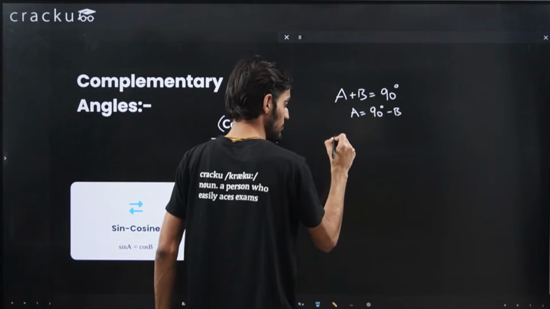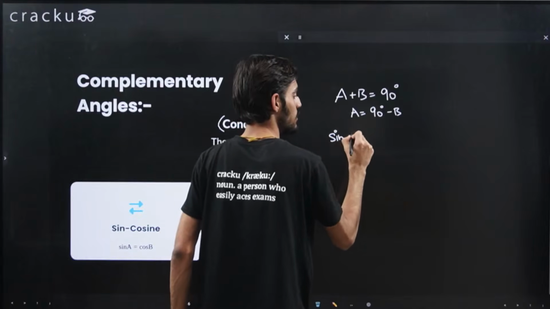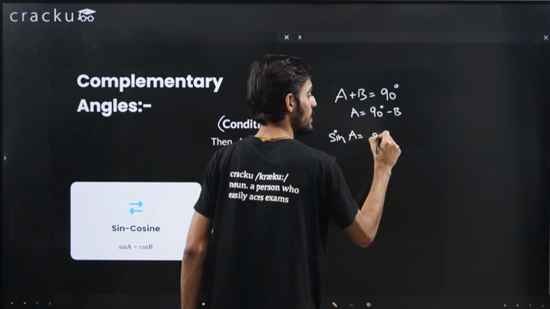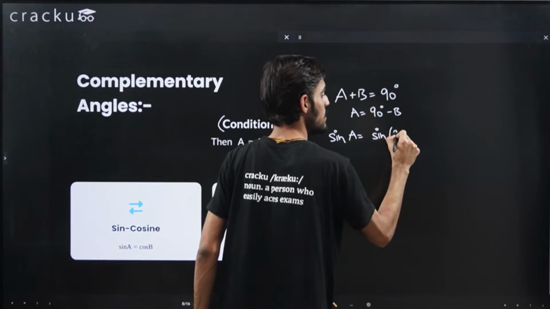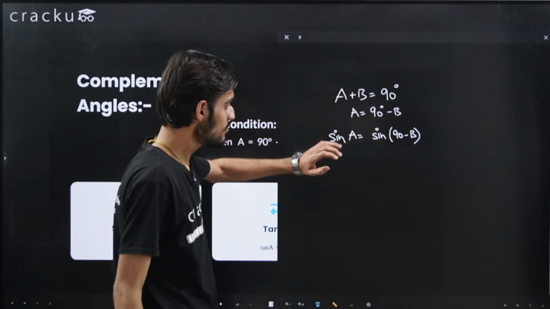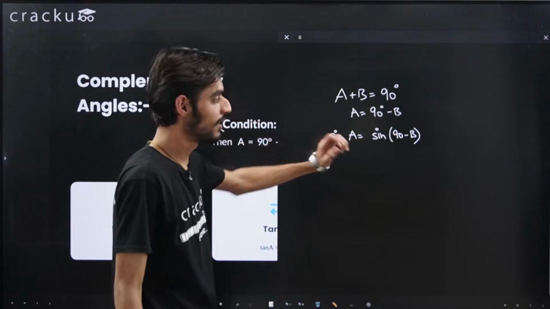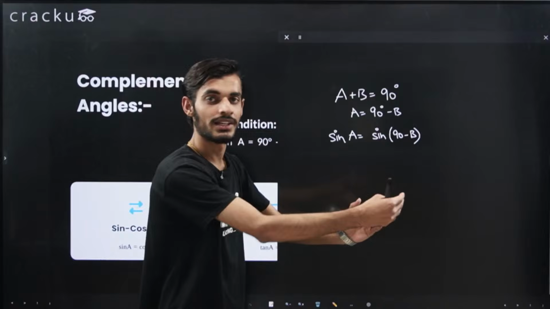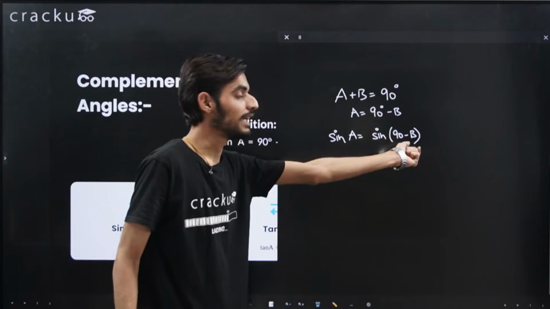So sine of a, I can write as equal to sine of 90 minus b, because a is equal to 90 minus b. We start with sine a, and I can replace the a with 90 minus b.